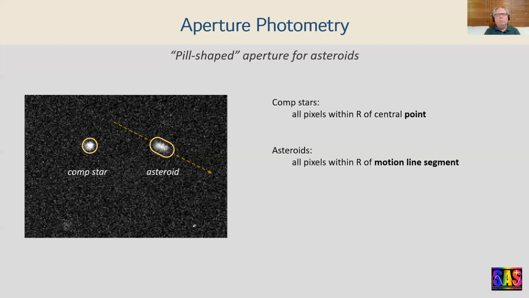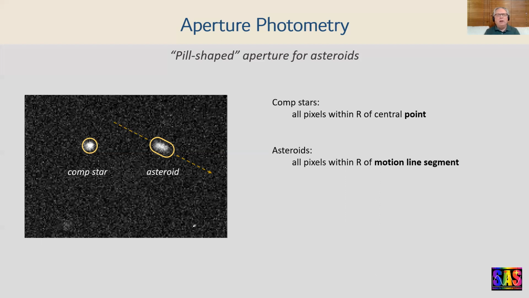And it's constructed by strict analogy with the manner of making apertures for comp stars. For comp stars, you simply take all the pixels within some radius r of this central point, perhaps the centroid of the light flux. For asteroids, you take all the pixels within that same radius of the motion line segment, from the center of the asteroid light flux when the image starts to the centroid when the image ends.